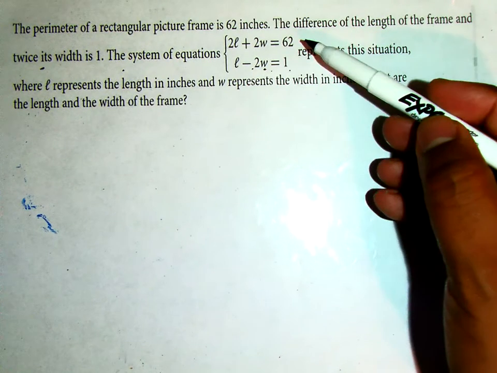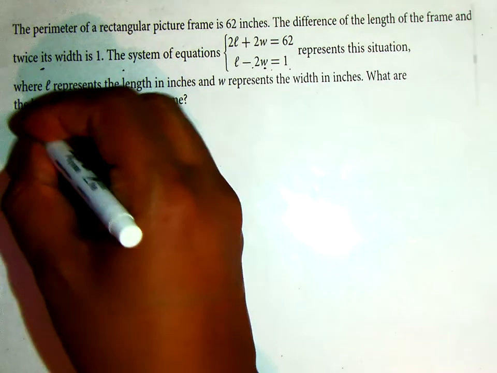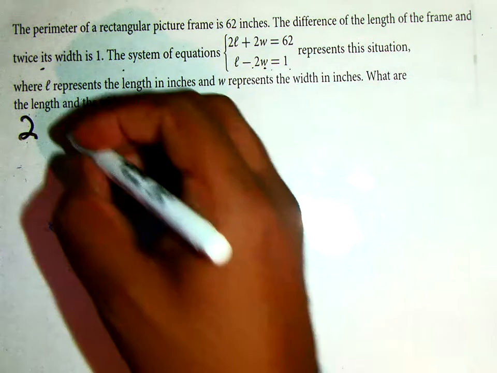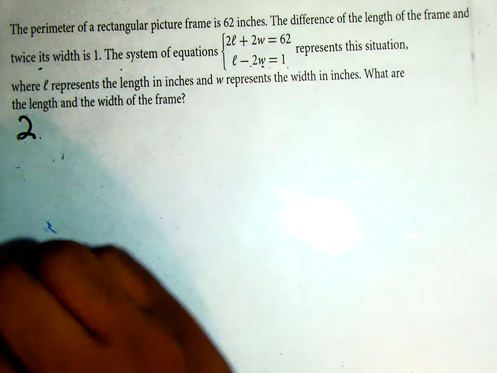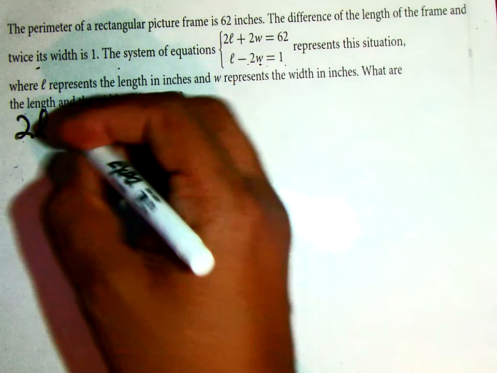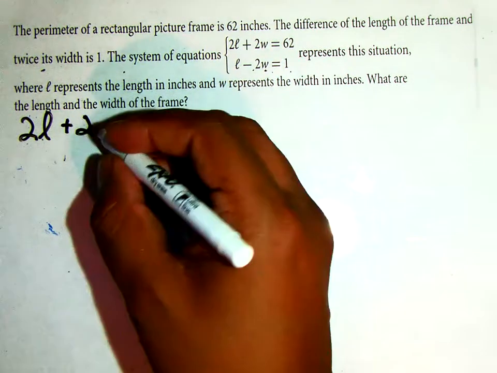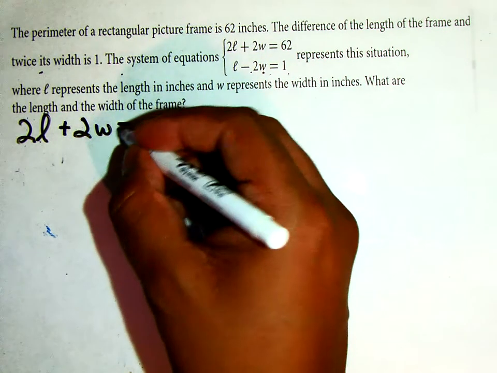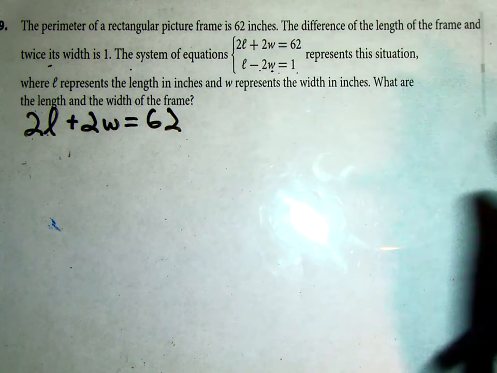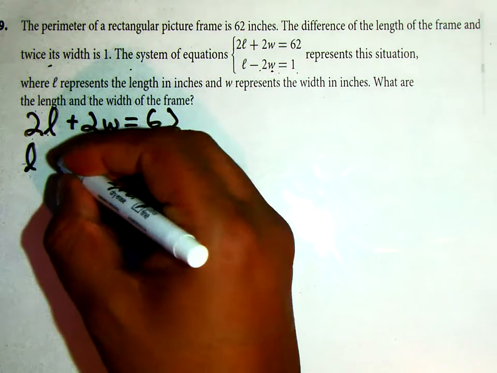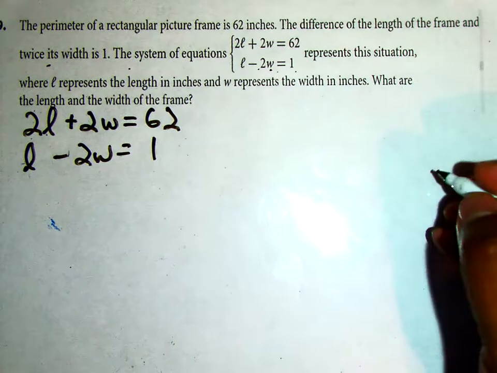So now we have two equations, and we're going to write that out and solve. So I'm going to write this out over here: 2L plus 2W is equal to 62, and I have L minus 2W is equal to 1.